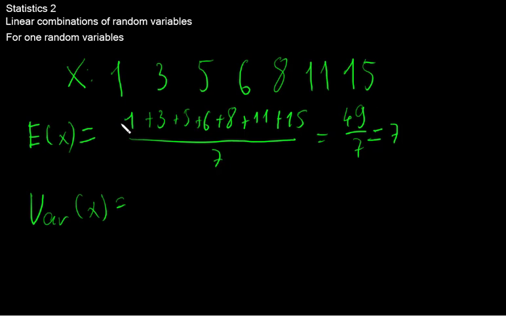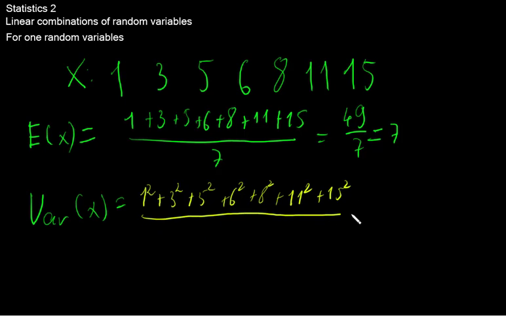First we need to find the sum of the squares of all of these values. So this is 1 squared plus 3 squared plus 5 squared plus 6 squared plus 8 squared plus 11 squared plus 15 squared, divided by 7, minus the mean squared, 7 squared.